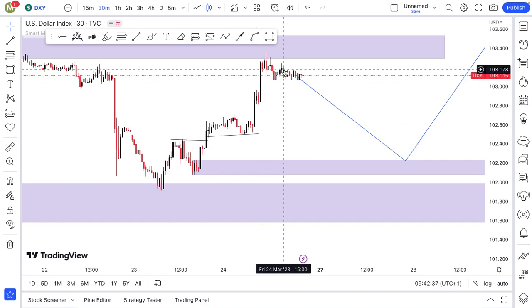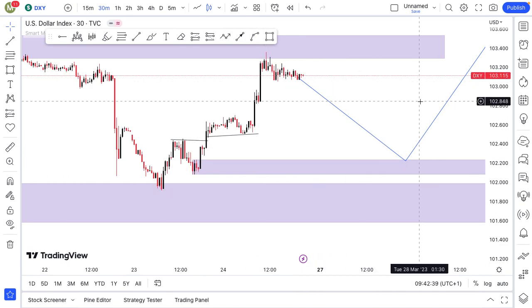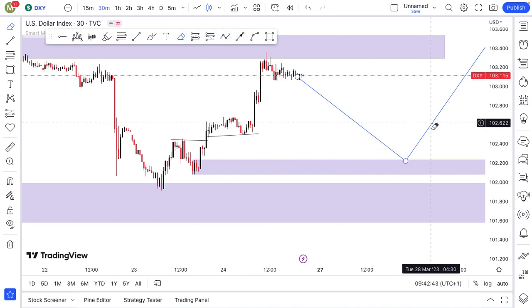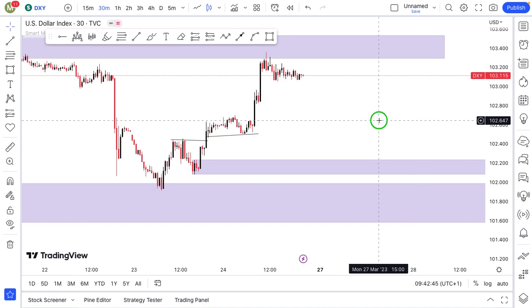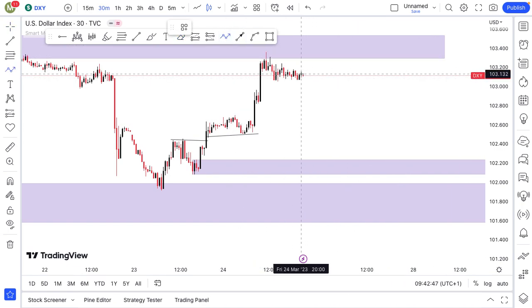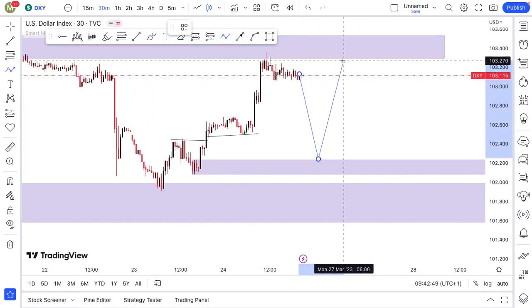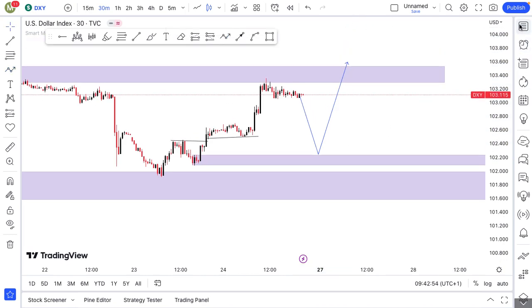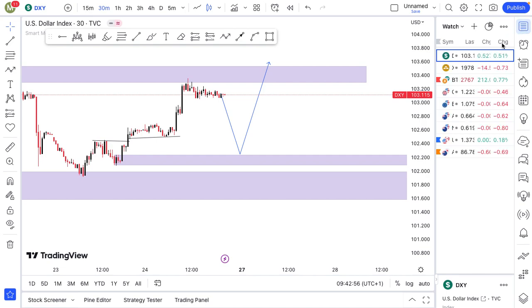So expect price to push to the downside before pushing to the upside. So that is that for DXY, where we expect to see price pushing to the downside before taking us back to the upside. So if we can see DXY acting like this, what of the currencies trading against the dollar? Let's check on Great British Pound USD.